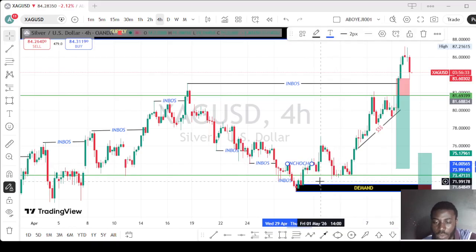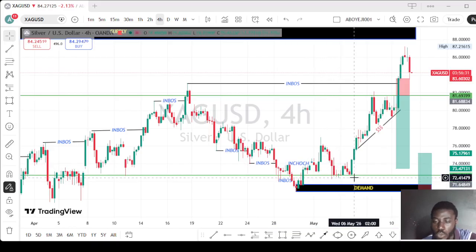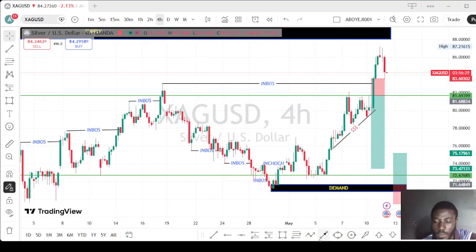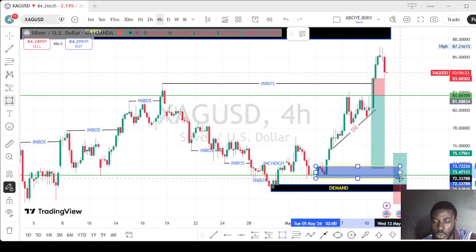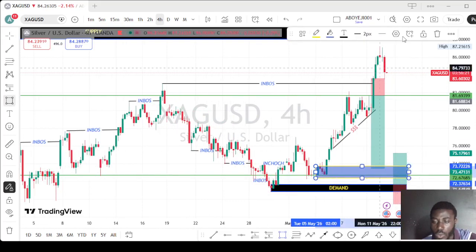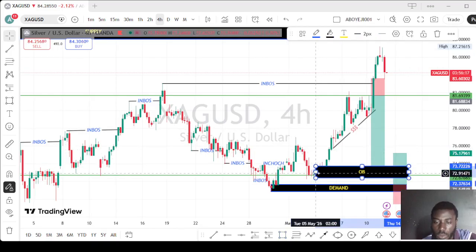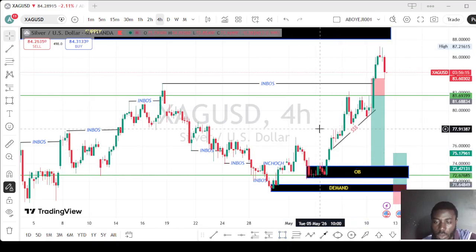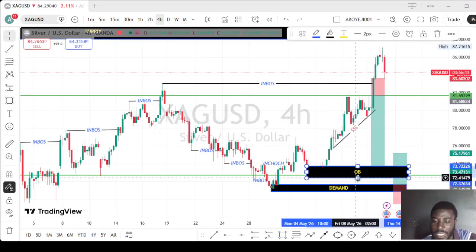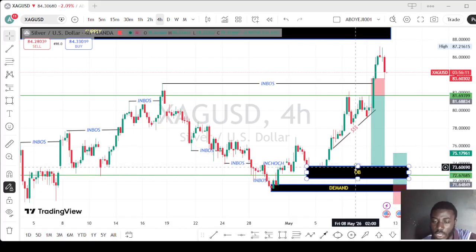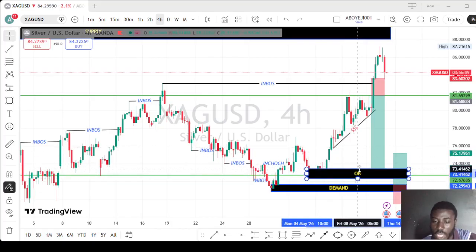So the market came back to this, but we can use this as an order block because we can see the FVG over there. Order block means the last bearish or bullish candle that created the FVG.